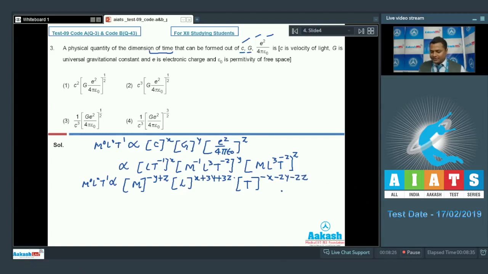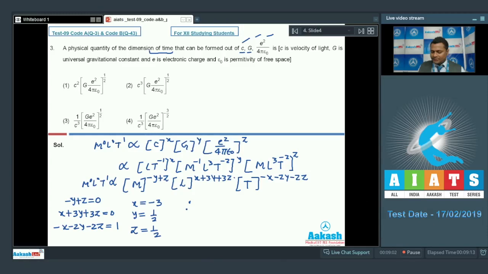So therefore we got three equations: minus y plus z equals 0, x plus 3y plus 3z equals 0, and minus x minus 2y minus 2z equals 1. After solving, we will get x equals minus 3, y equals 1 by 2, z equals 1 by 2.